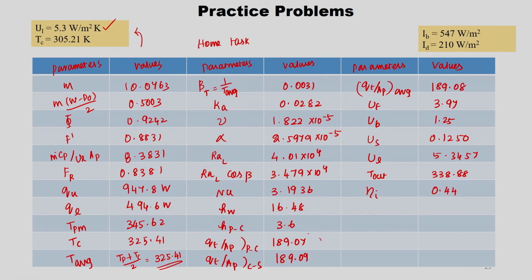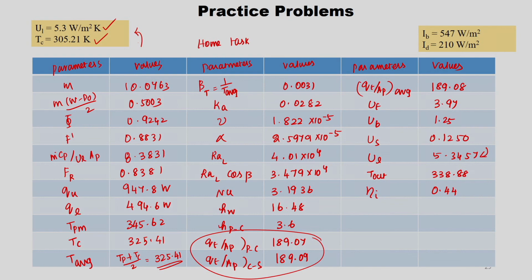So, if you check, TC is coming correctly and the guessed value is 5.3 watt per meter squared Kelvin, the calculated value is 5.34. So, pretty much this particular value of UL and TC is converging for the given data, right.